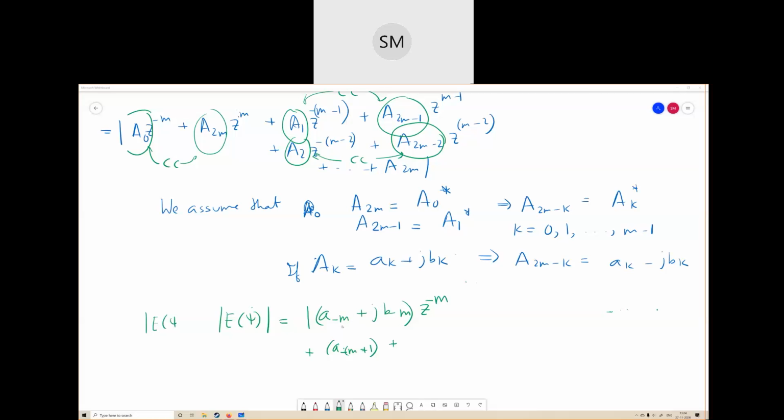Okay, so this becomes... Okay, so we take that the extreme elements are complex conjugates of each other.